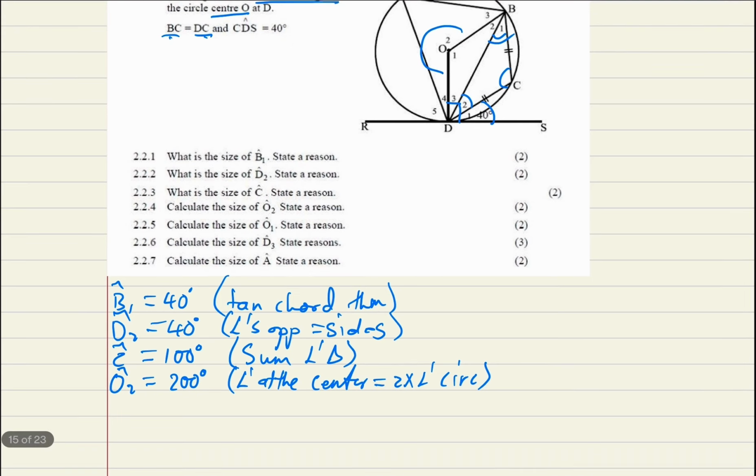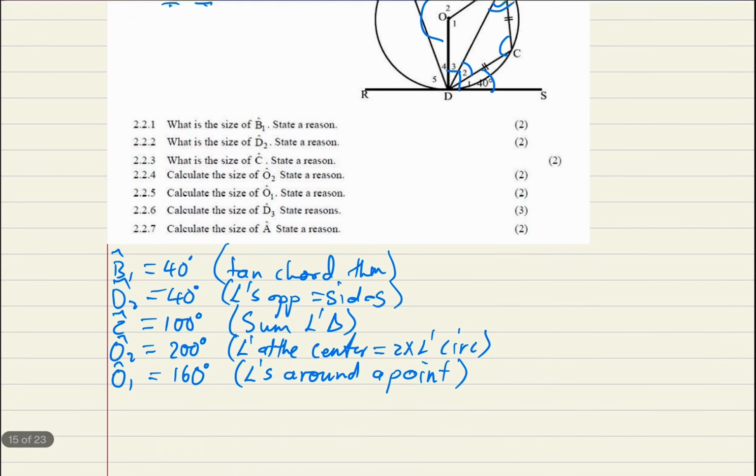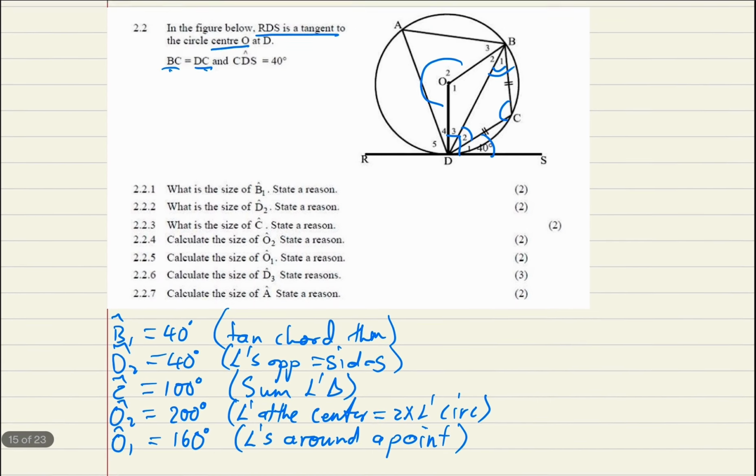Then finding that means I can find also O1, which is equals to 160 degrees, and I can say angles around a point. Remember, angles around a point, they always give us what? They give us 360, right?